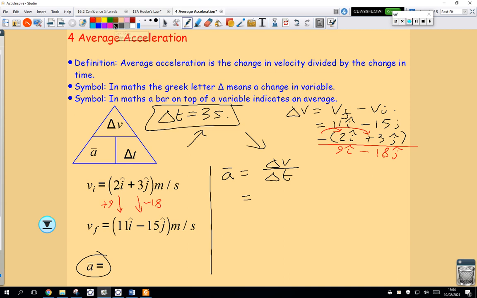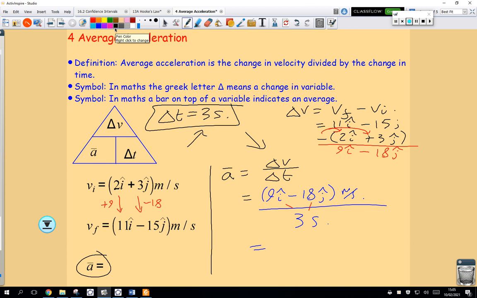My average acceleration here is going to be my change in velocity, which is 9i hat subtract 18j hat, the units here are meters per second, divided by my change in time, which is 3 seconds. And I've got to distribute this division across, so both of these terms have to be divided by 3 seconds.